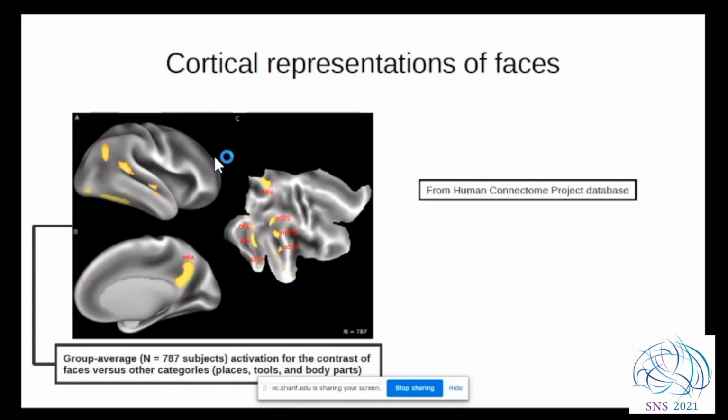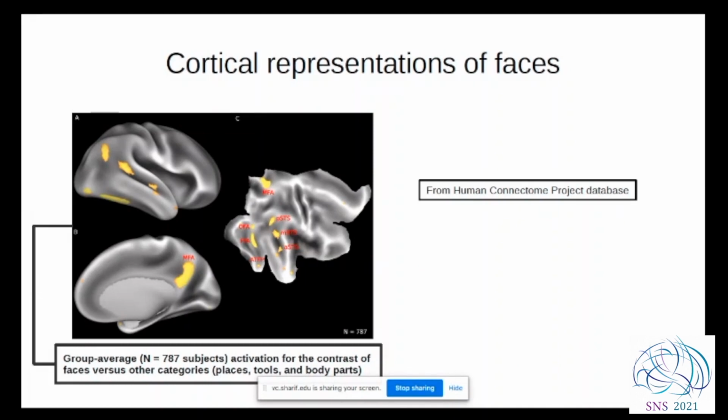So from all the analysis that we did, we found a region in posterior cingulate cortex which had some form of representation for faces. Either it was familiar face representation, or familiar face subcategory representation, or identities of familiar faces.